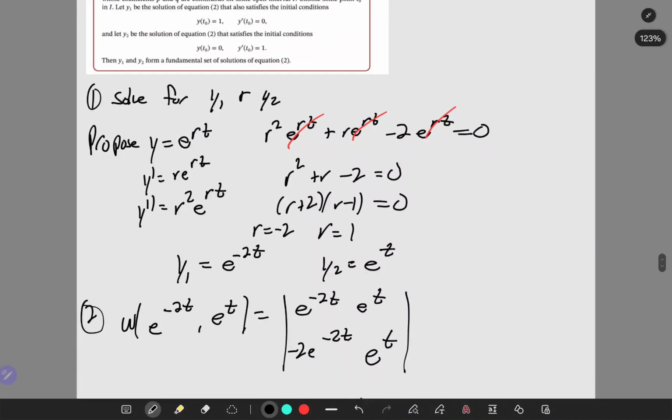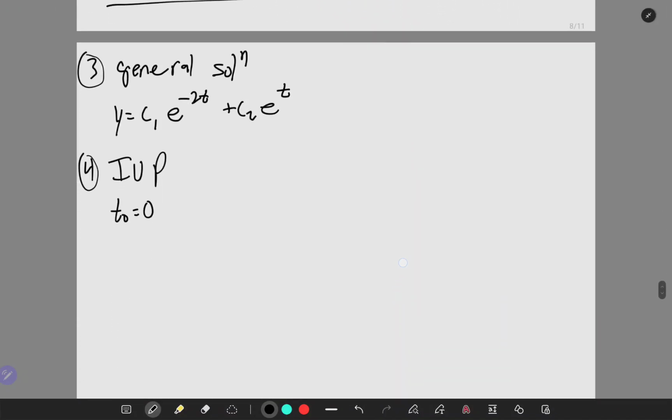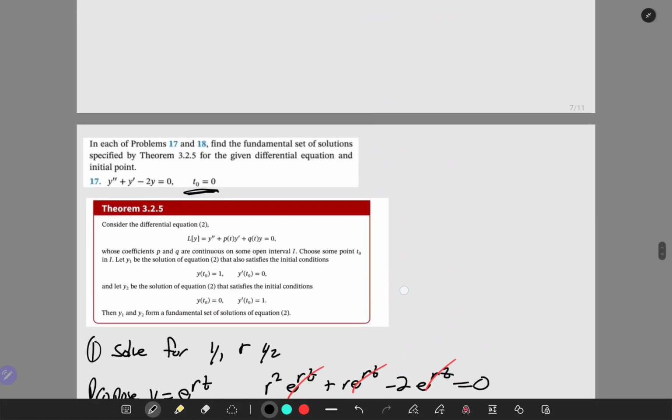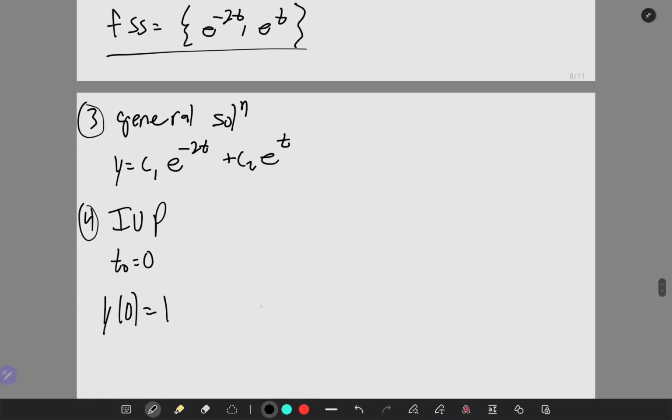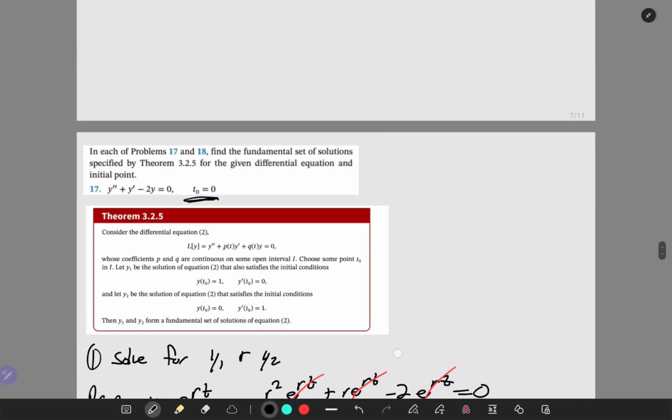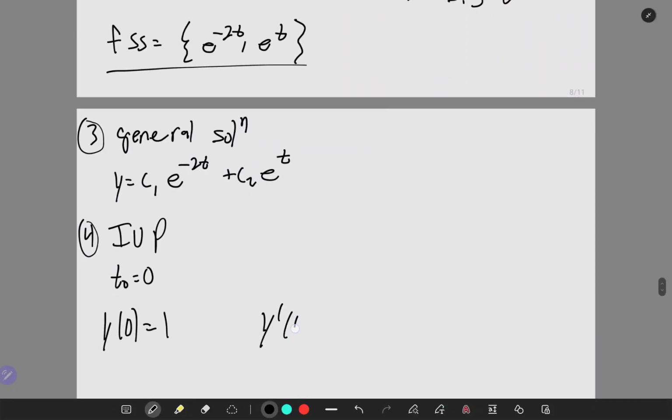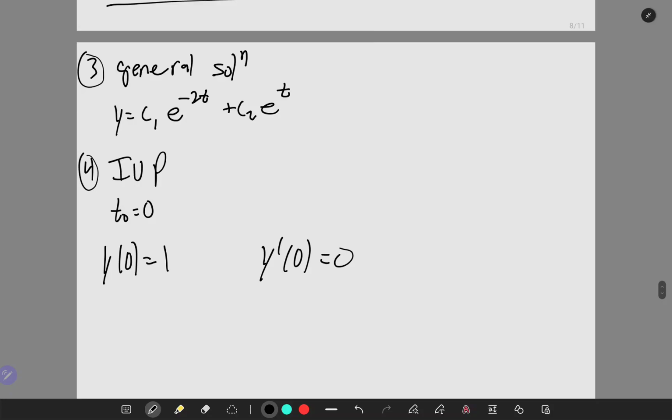So we have y of 0 is equal to 1. And we also have y prime of 0 is equal to 0. So we need to solve for c1 and c2 using both.